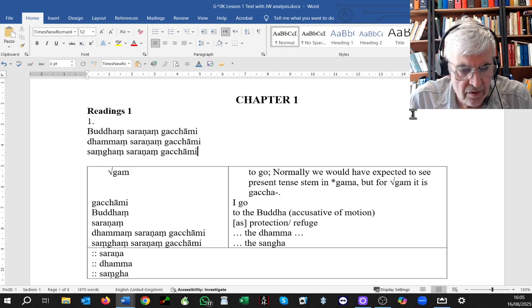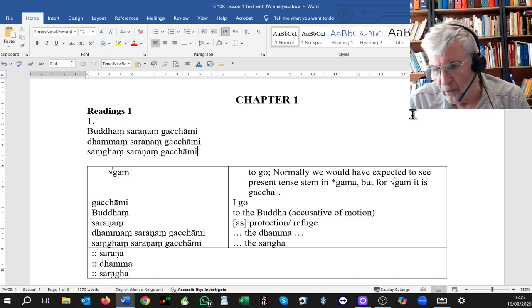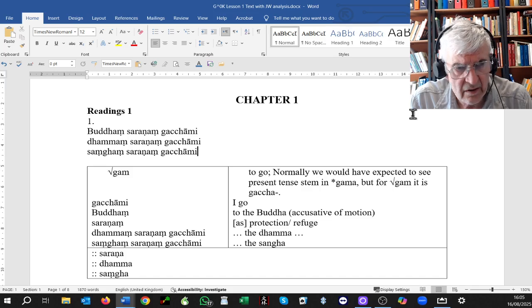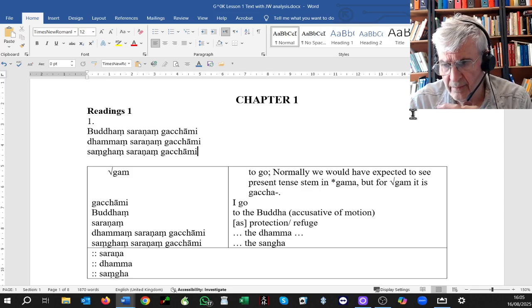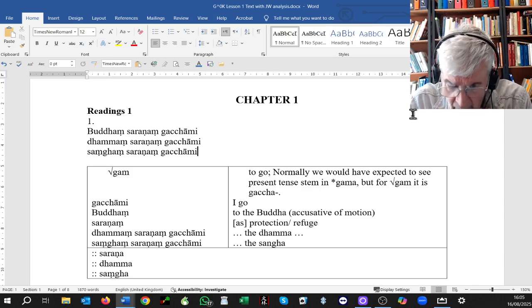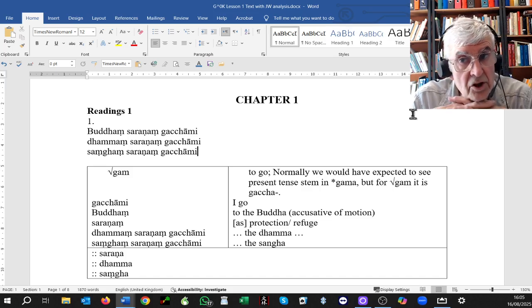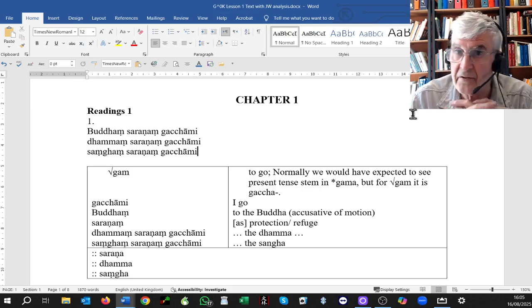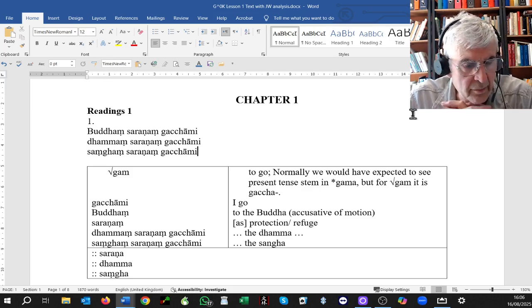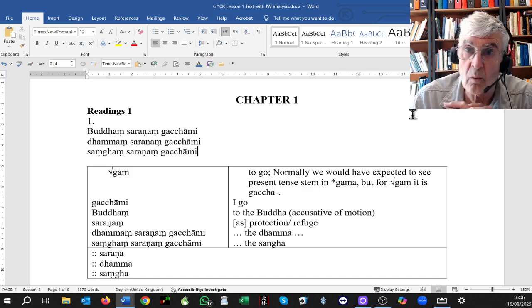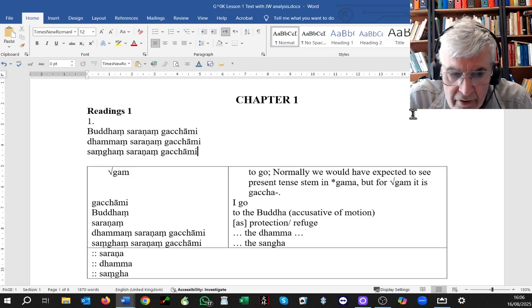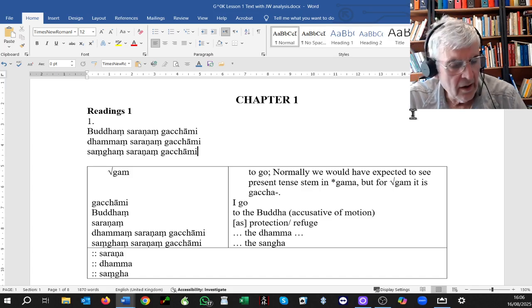This word turns up in different forms, for example, in the Germanic languages. This saranam, it's sharana in Sanskrit. It turns up as Schirm in German, as in a Regenschirm, which is an umbrella, a Schirm against the rain. So a Regenschirm isn't something that enables you to run away from the rain. On the contrary, it's something that enables you to go out in the rain without getting wet.